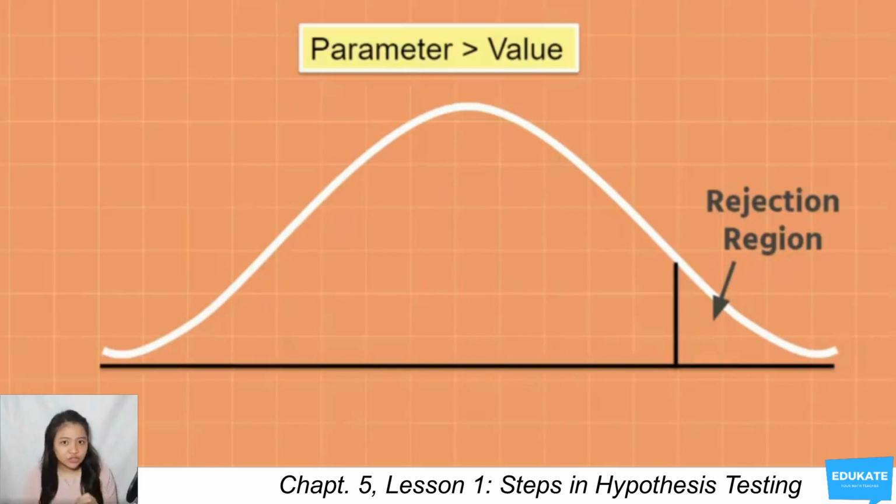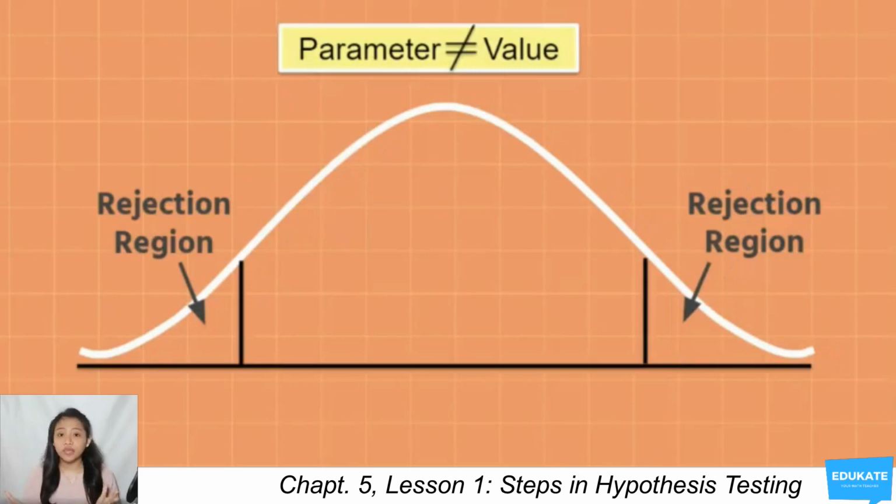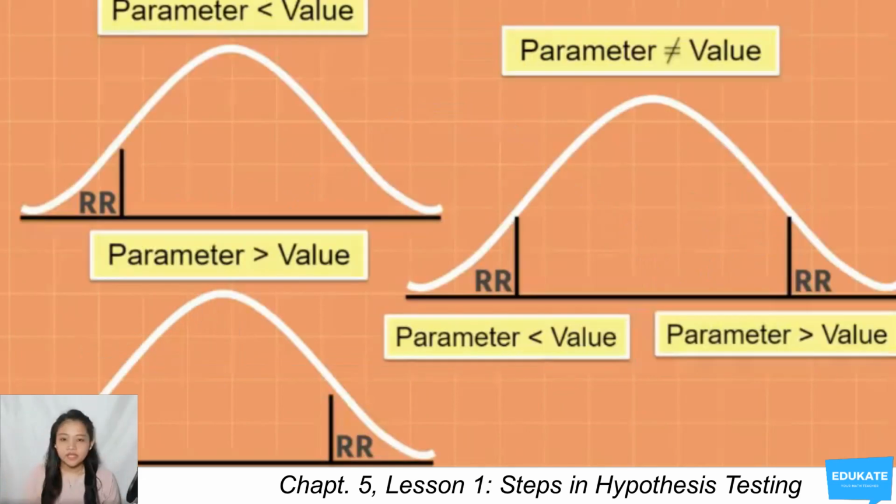Your rejection region falls on the right tail of the distribution. How about if we have an alternative hypothesis having parameter not equal to the value in symbols? So we have two rejection regions, one on the left, one on the right. So we now have a two-tailed distribution. Summarizing the three, we have parameter less than the value, your rejection region on the left.